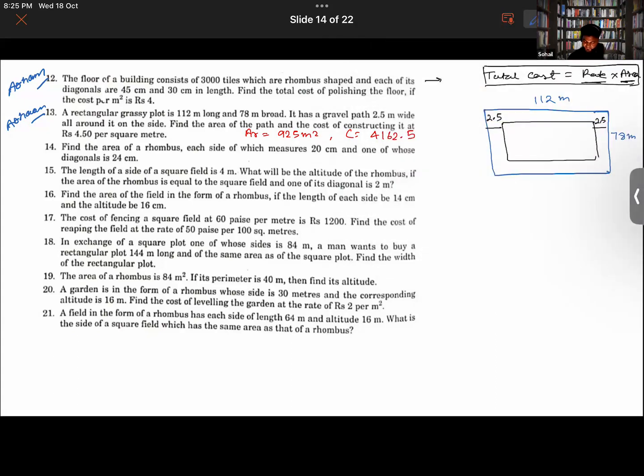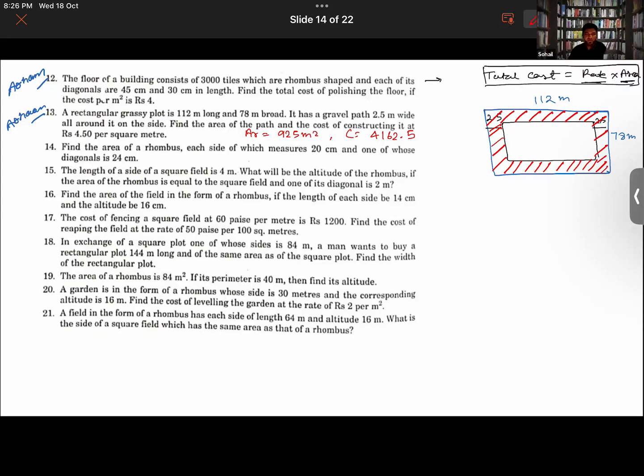Now, the question is asking us to find the area of the path and the cost of construction. So we need to find the area of this path. Construction, you will be doing where? On the grassy surface? Will you be doing any construction?